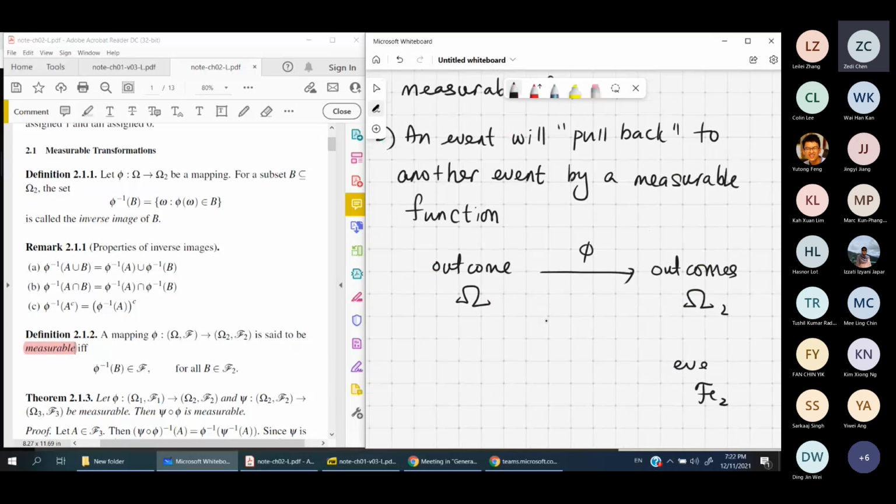So you have any event here, and it will pull back to another event over here. So it will push all the outcomes to one outcome here, but it will pull back an event over here and back to an event here. So that is how you can interpret what it means by a measurable function. Mathematically, it will be like this. For all events B in F2, the inverse image of B will be another event in F. That is the way.